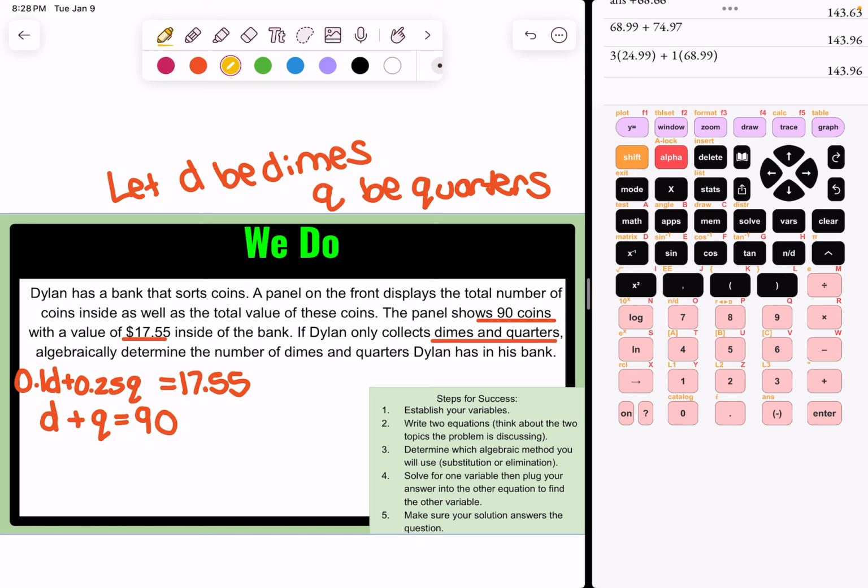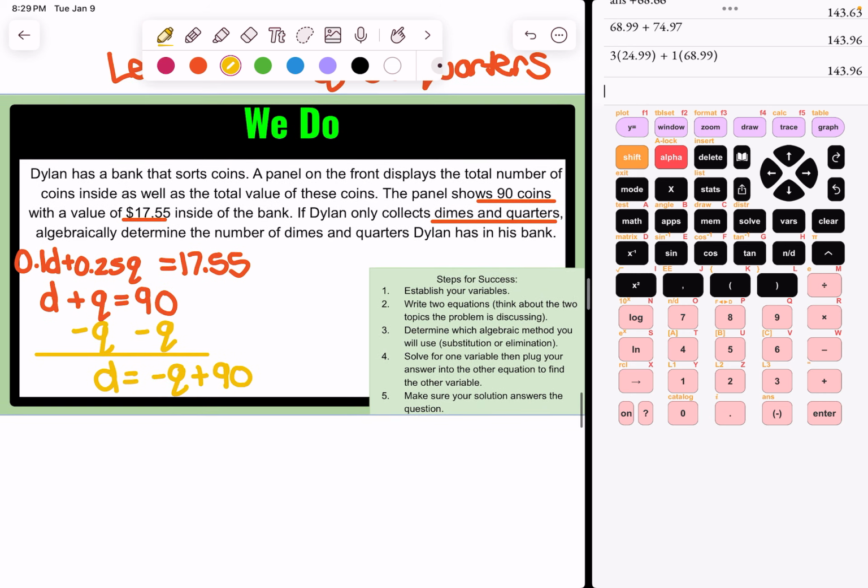So instead, I'm just going to solve this equation for D equals. It would be pretty easy since there's a coefficient of 1. All I'd have to do is subtract Q, and that would leave me with the number of dimes is equal to negative Q plus 90. And then I could go to that first equation and plug in what I know. 0.10 times negative Q plus 90, plus 0.25Q equals $17.55.